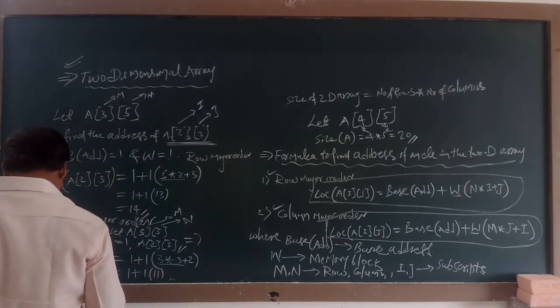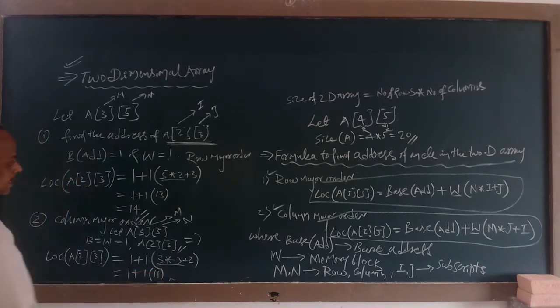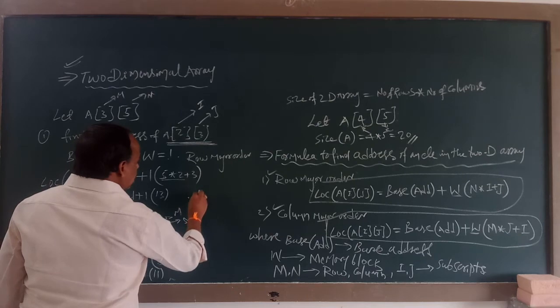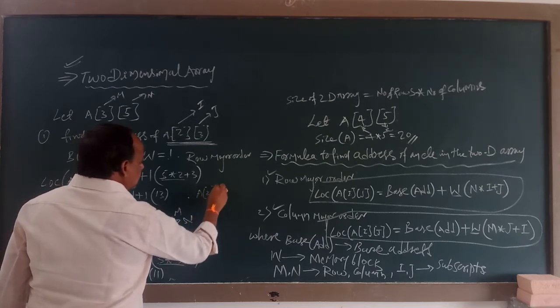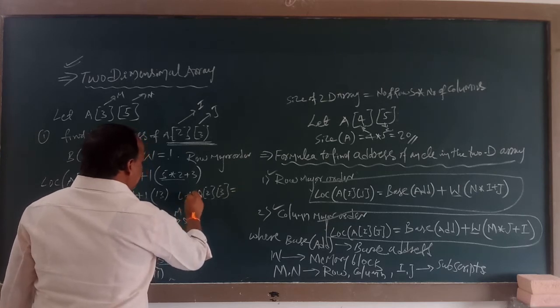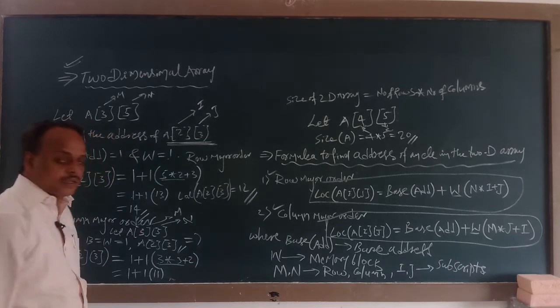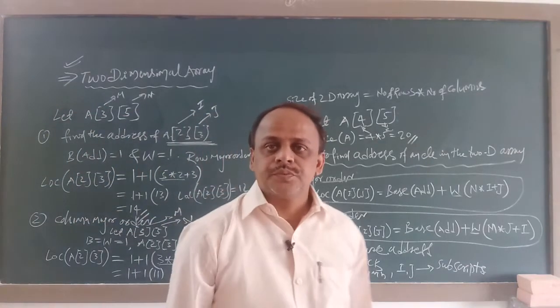So the final answer is 11 plus 1, 12. Therefore location of A of 2, 3 is equal to 12. 12 is the answer, right?